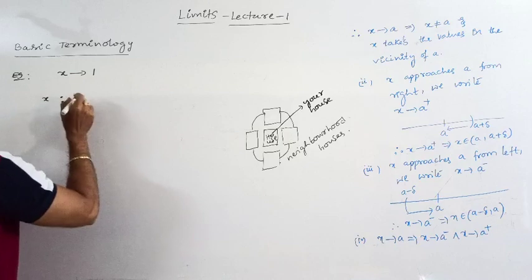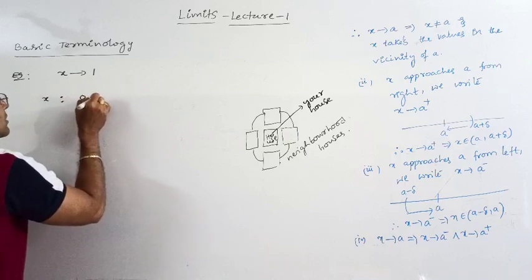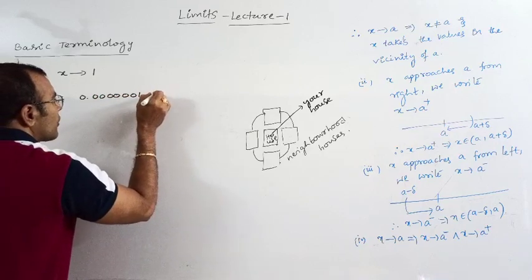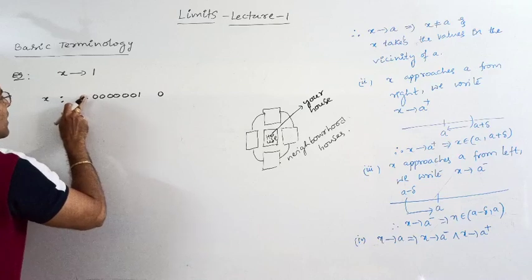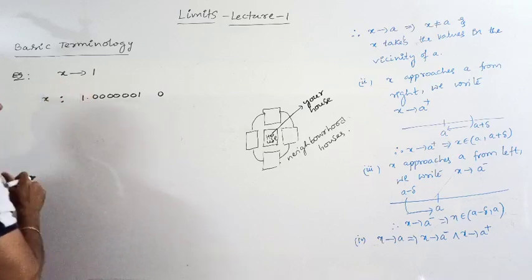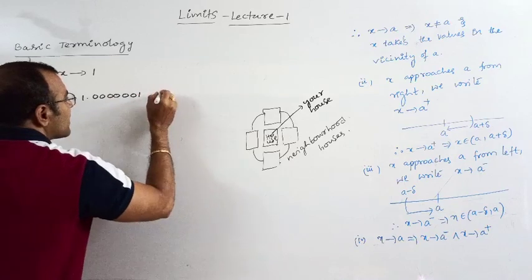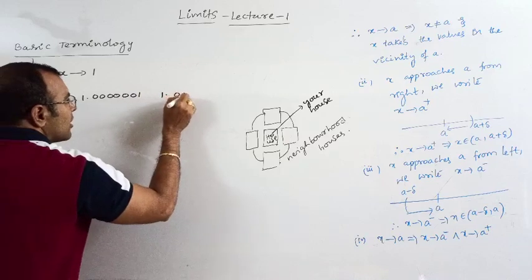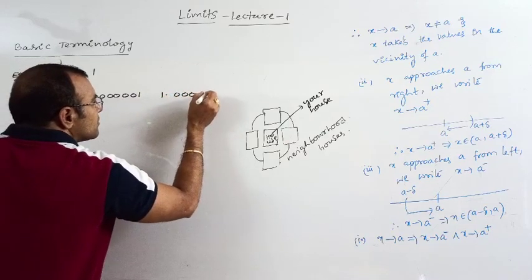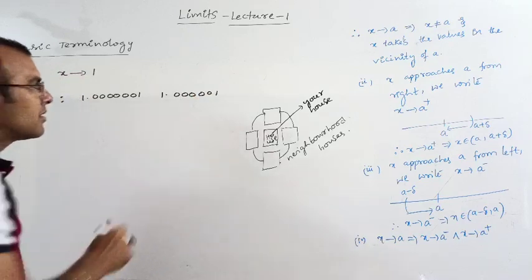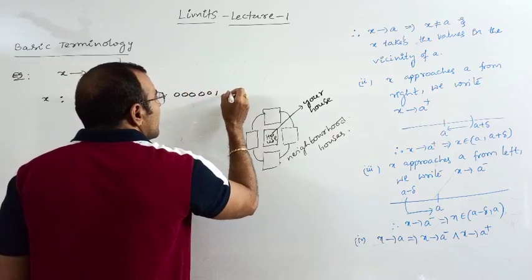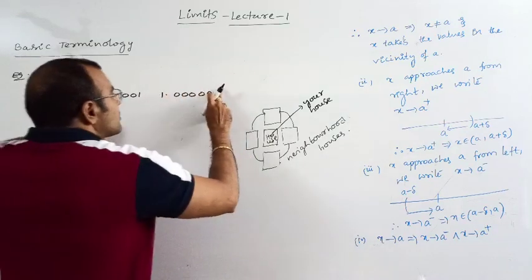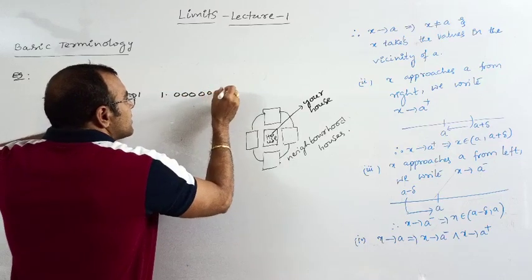I will start somewhere and give you a few values: 1.0000001, and so on, increasing the zeros.